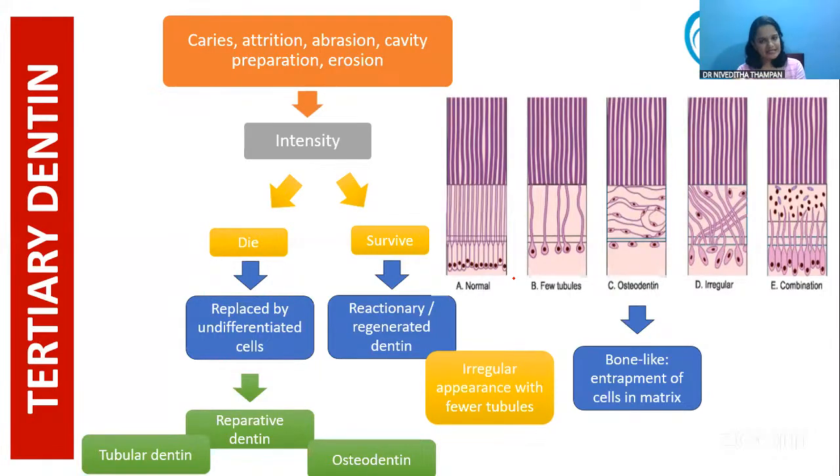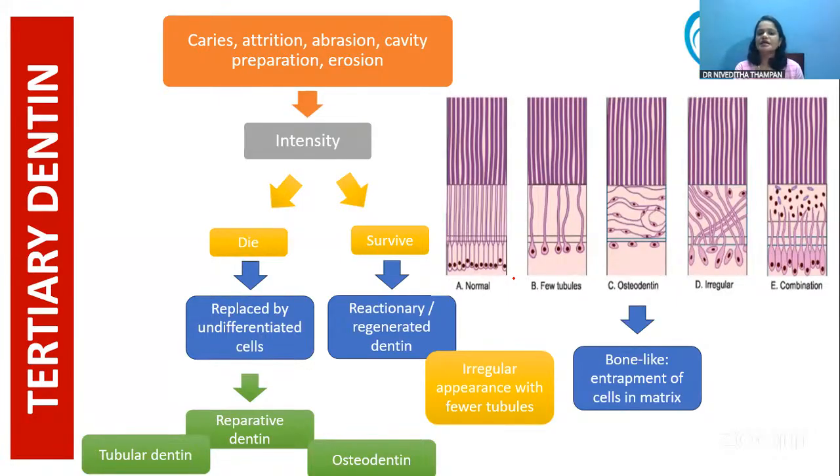If it is less intense, then the odontoblast cells which form the dentin will survive. But if the intensity is very high, then the odontoblasts will die. If the odontoblasts survive, it will result in the formation of reactionary or regenerated dentin, the dentin that is formed from the surviving odontoblasts.